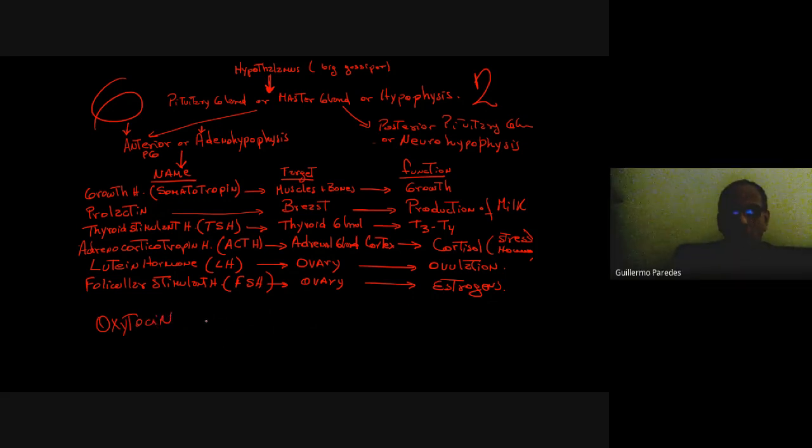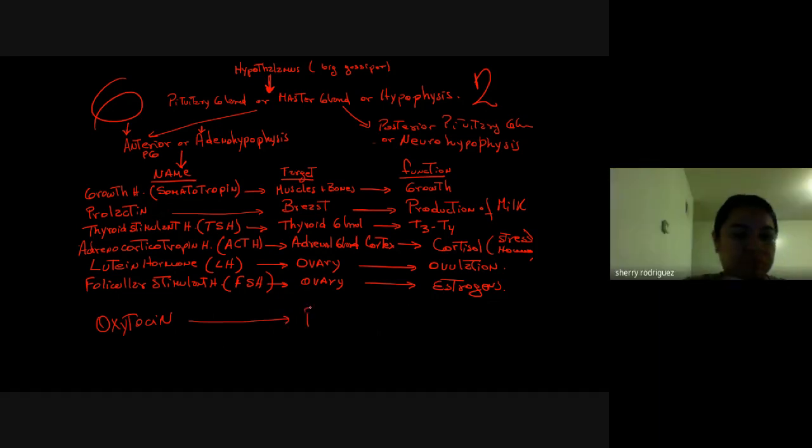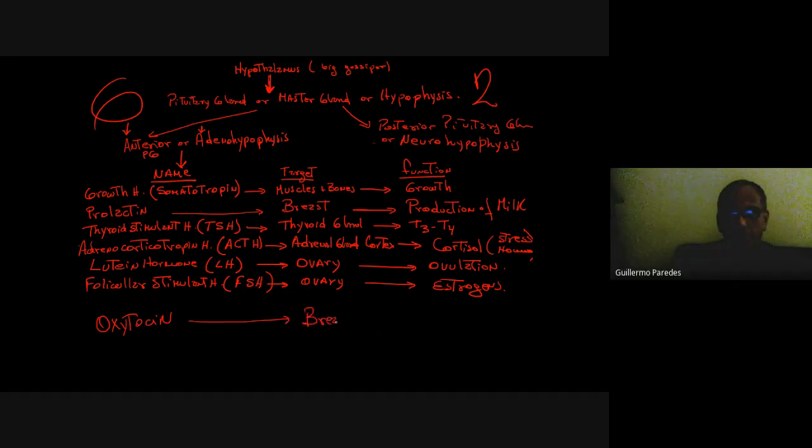What is the target organ of the oxytocin? It's going to be the breast. And what is it doing in the breast? In the breast it is going to produce the ejection of milk. So that's why I was telling you prolactin, production of milk, oxytocin, ejection of milk.